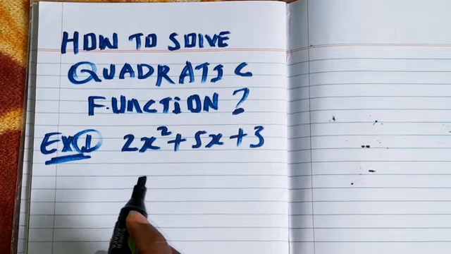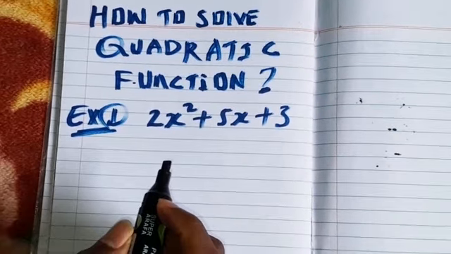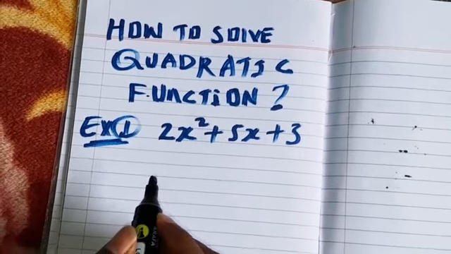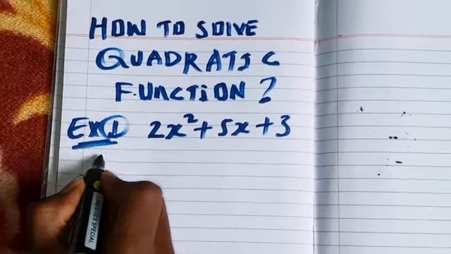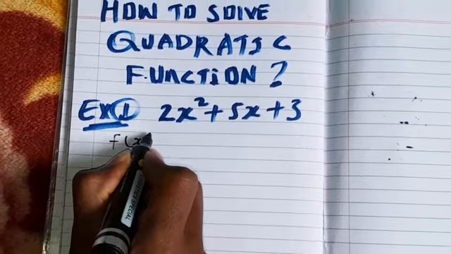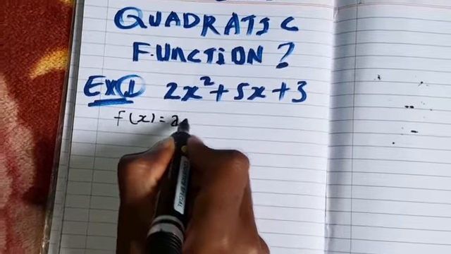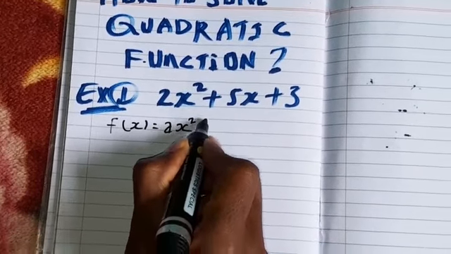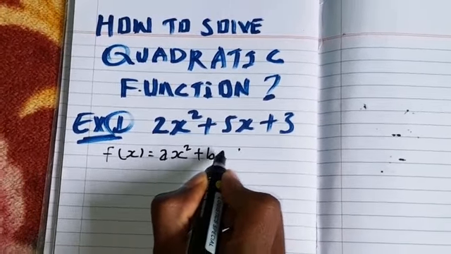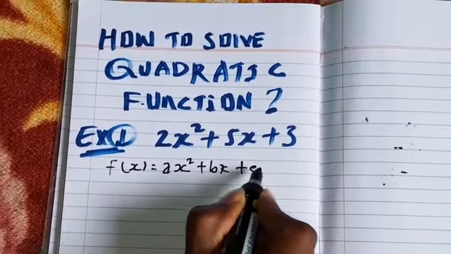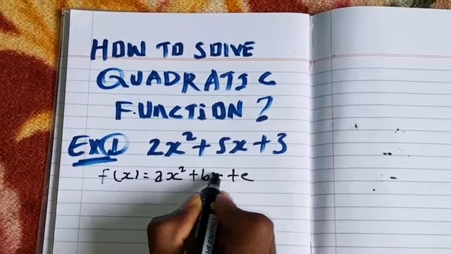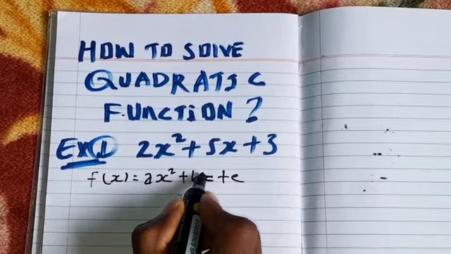The general formula for the quadratic function is f(x) = ax² + bx + c. This is the general formula for a quadratic function.